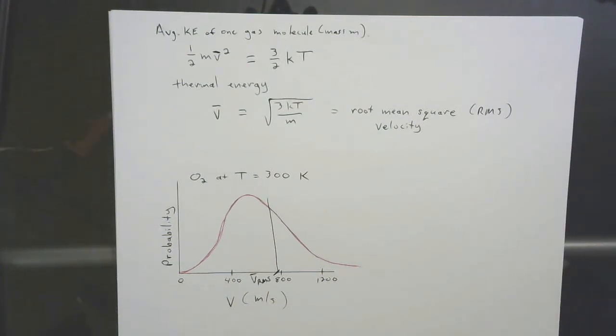This is interesting too when you're considering the evolution of planetary atmospheres, just as an aside, because these very high velocity molecules, if they happen to also be very high in the atmosphere, may risk exceeding the escape velocity of the planet.